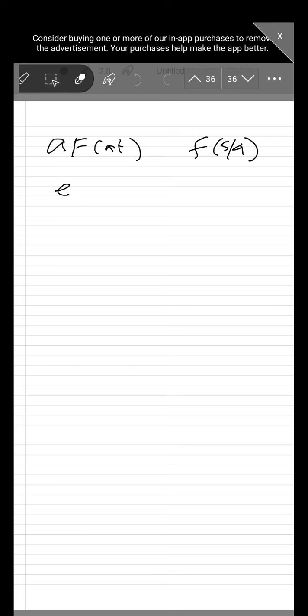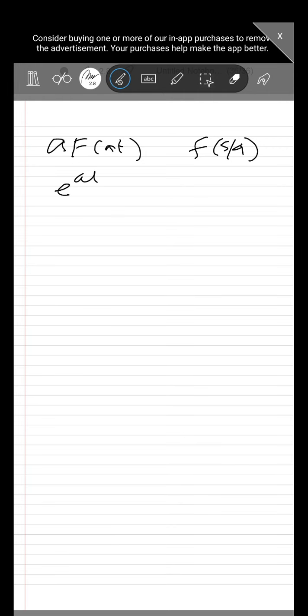And if the function is e to the power at into f(t), then the Laplace transform will be a function of s minus a.